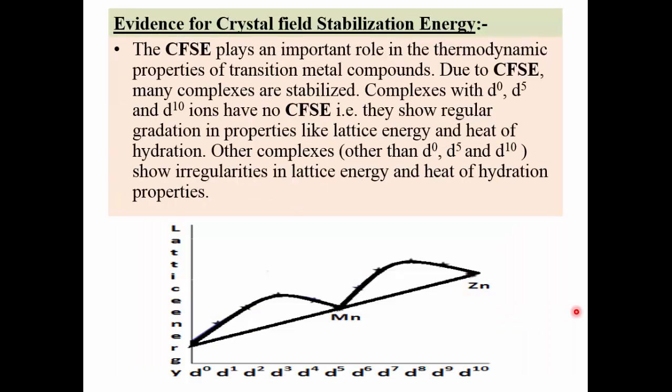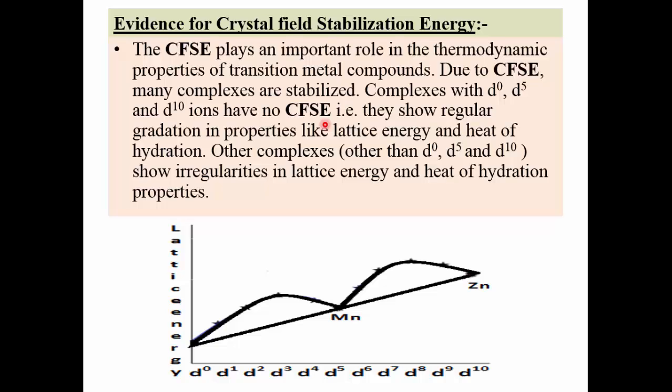Now see the next point, evidence for crystal field stabilization energy. The CFSE plays an important role in thermodynamic properties of transition metal compounds like lattice energy or heat of hydration. Due to CFSE, many complexes are stabilized. Complexes with d0, d5 and d10 ions have no CFSE. Remember well, d0, d5 and d10.